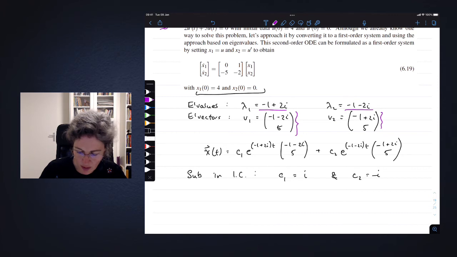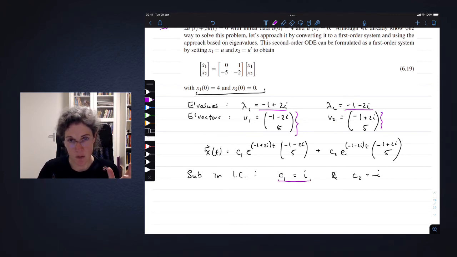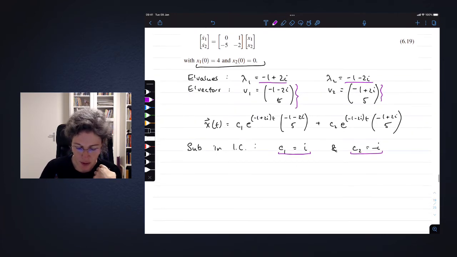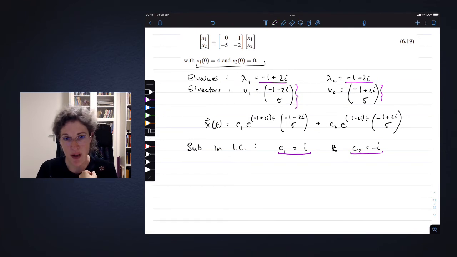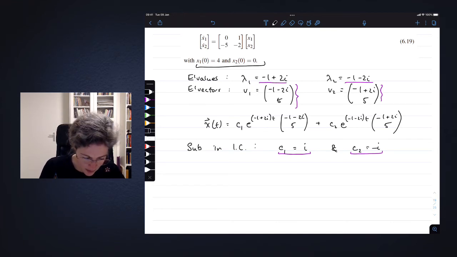And again, if you get a complex value for one of your constants, then the other one will be the complex conjugate. And there's a lot of beautiful maths around why this is always the case. Sadly, we can't go into that in this course, but it is lovely. So if we put this all together, we end up with this slightly monstrous looking thing here.